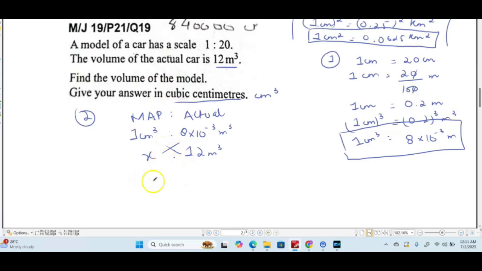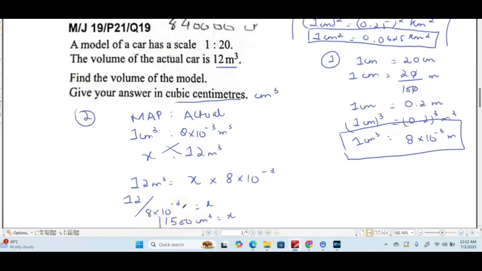Okay, ji? So we'll cross multiply. 12 meter cubes is equal to x into 8 into 10 raised to the power minus 3. So 12 over 8 into 10 raised to the power minus 3 is equal to x, and this is going to give us 1500 centimeter cubes to be the volume of the model.